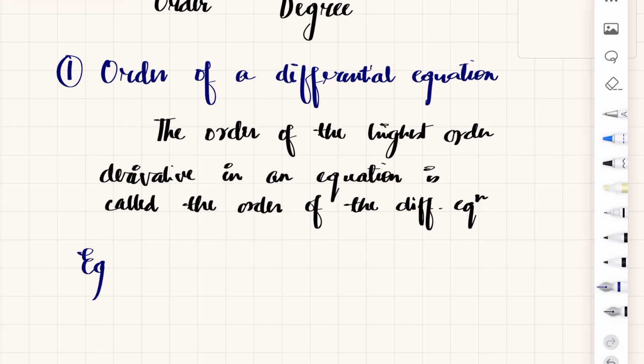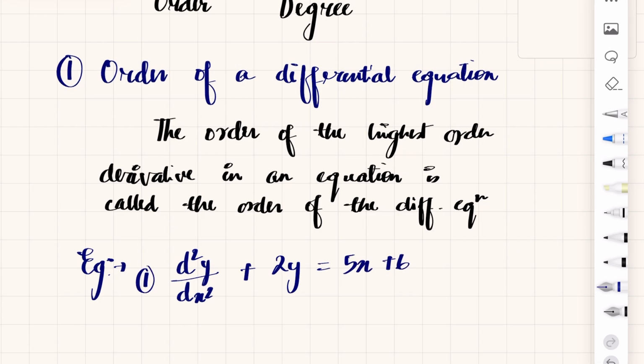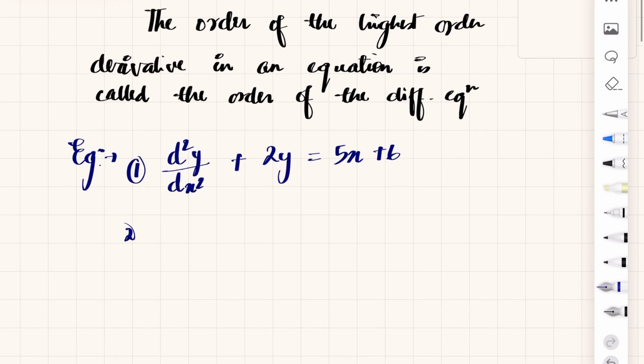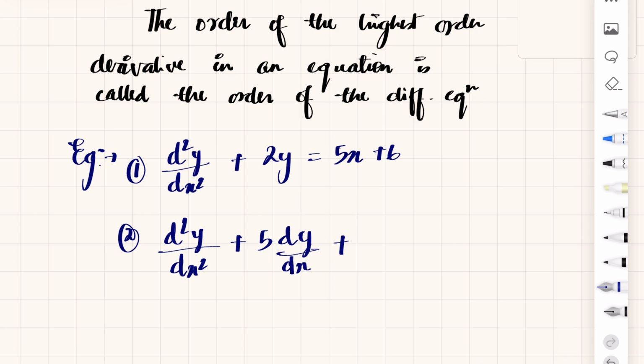Here's an example. Let's say d square y by dx square plus 2y equal to 5x plus 6. Okay, so it's the first example. I'll give more examples. Second, d square y by dx square plus 5 dy by dx plus 6x equals 2y minus 2.